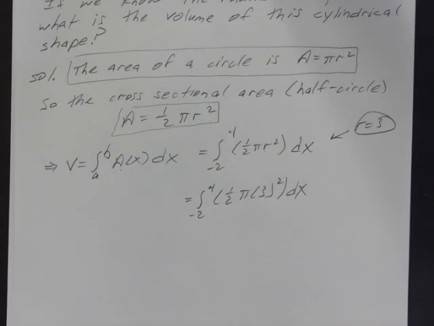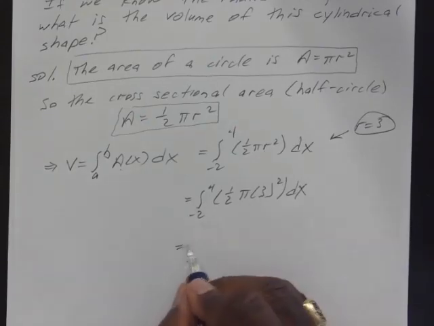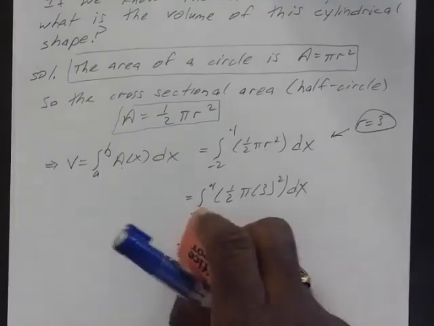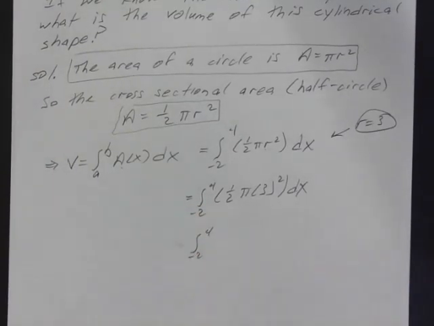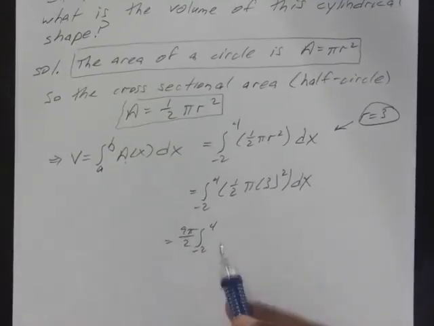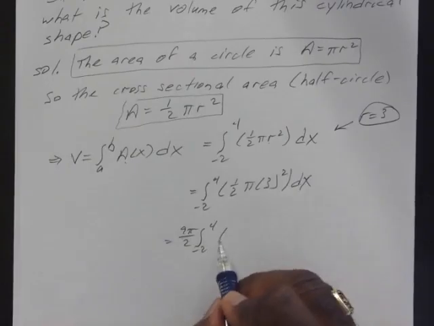So if we simplify that, that just becomes 9 pi over 2, which is a constant. We can factor that out. And you can put dx or you can put 1 dx.